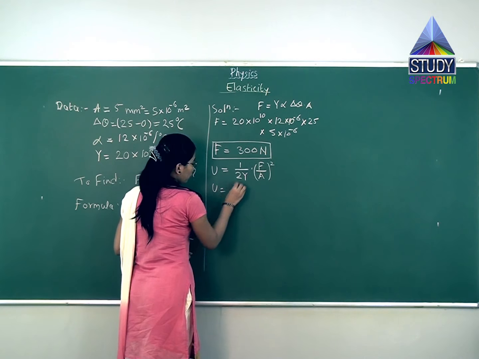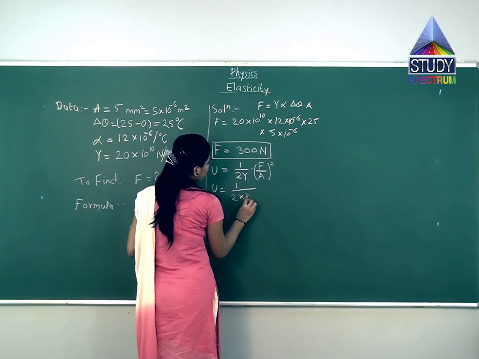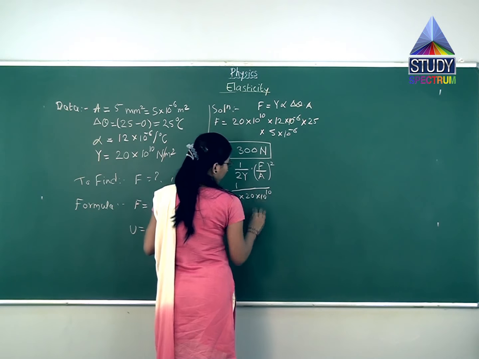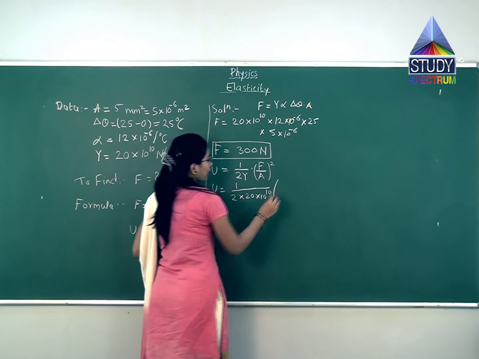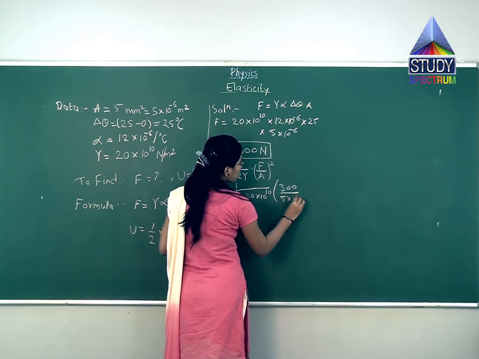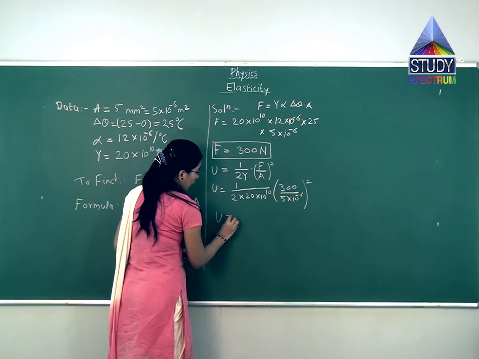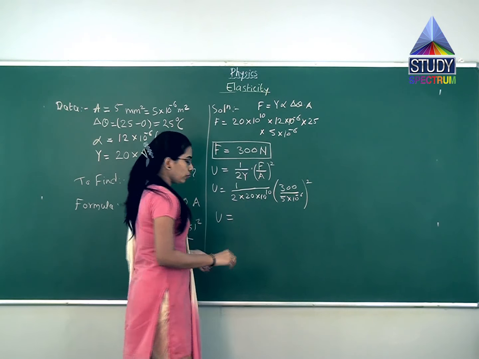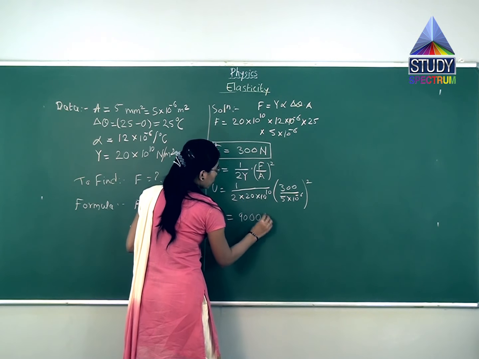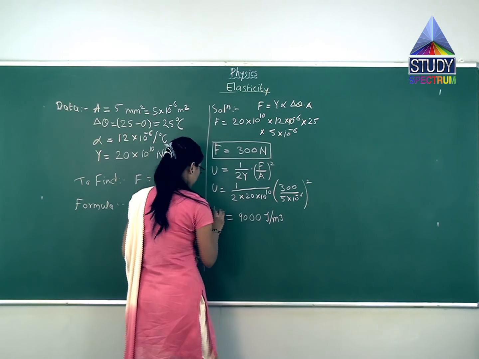So U is equal to 1 upon 2 into the value of Y, that is 20 into 10 raised to 10, in the bracket force we have calculated just now, 300 upon area 5 into 10 raised to minus 6, square of the whole quantity. Now after calculating this value, you will get your answer as 9000 joules per meter cube.